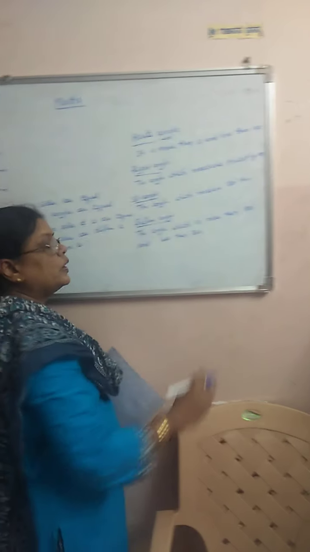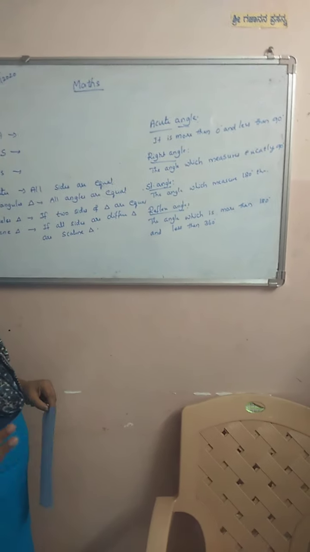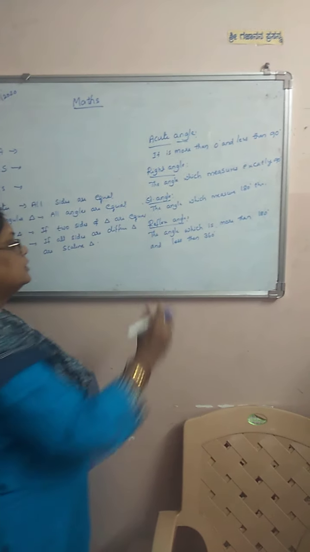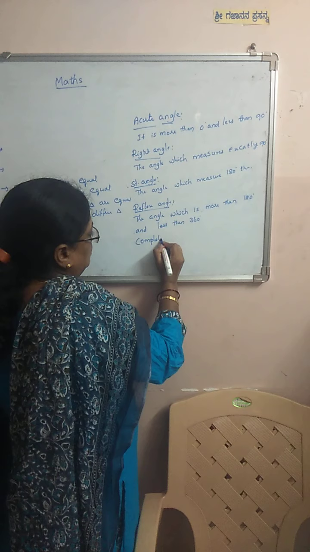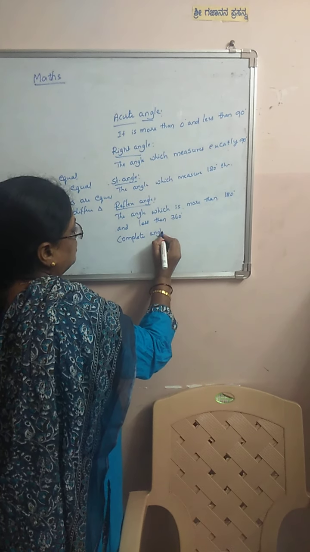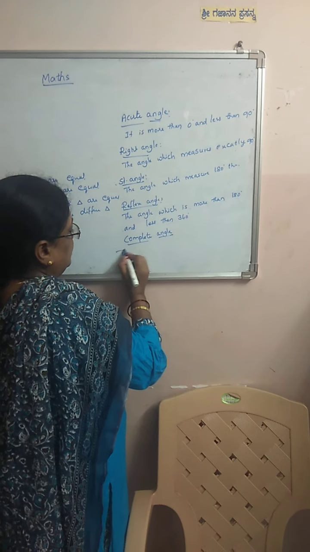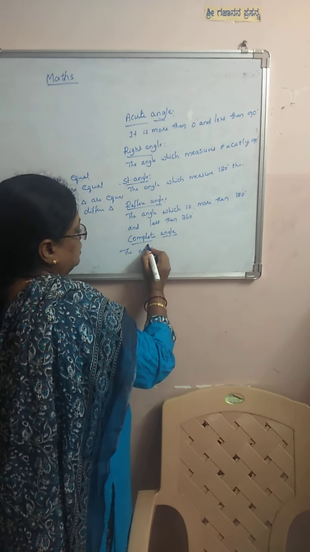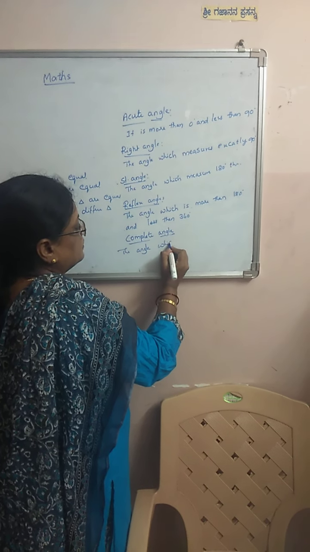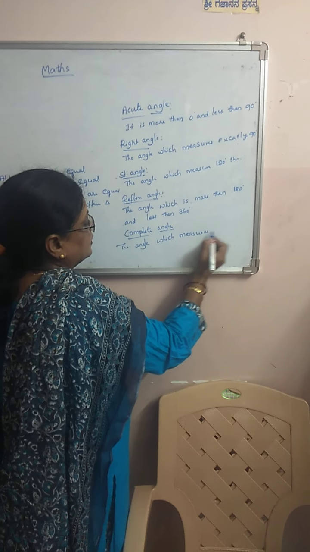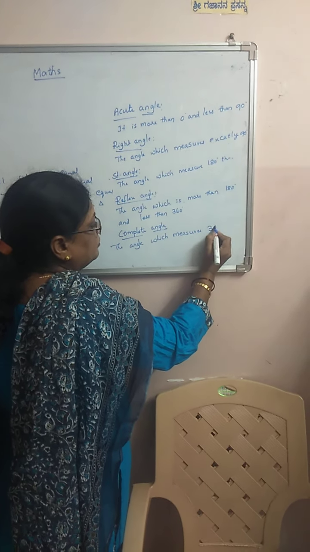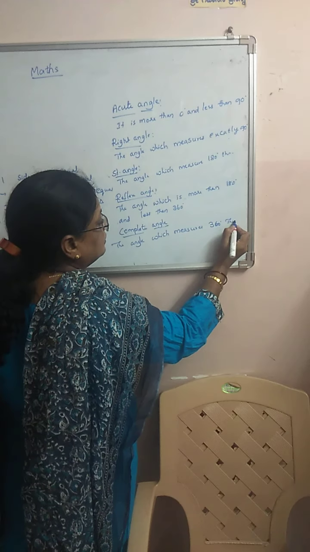It lies between 180 and 360. Then it is called the reflex angle. Then last, complete angle. The angle which measures 360 degree is called the complete angle.